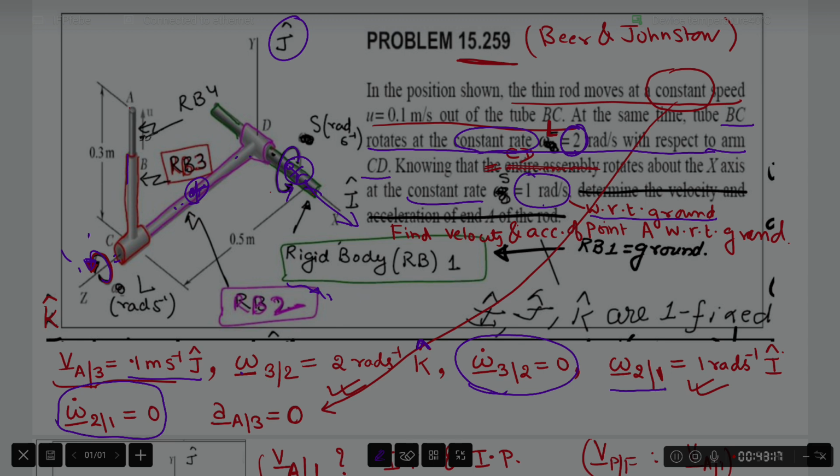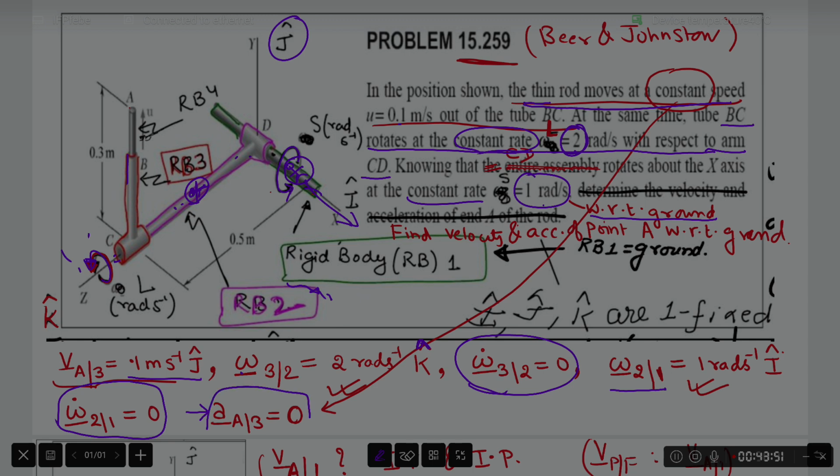I have another piece of information. I missed this part. I should have inferred this with the first statement itself, but still not too late. I go back to the first statement and it says the thin rod moves at a constant speed 0.1 meter per second, constant speed 0.1 meter per second, and this doesn't change. It means VA3 is 0.1 meter per second and it doesn't change.